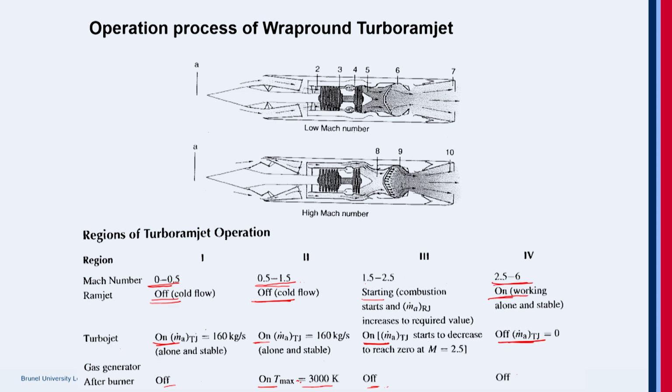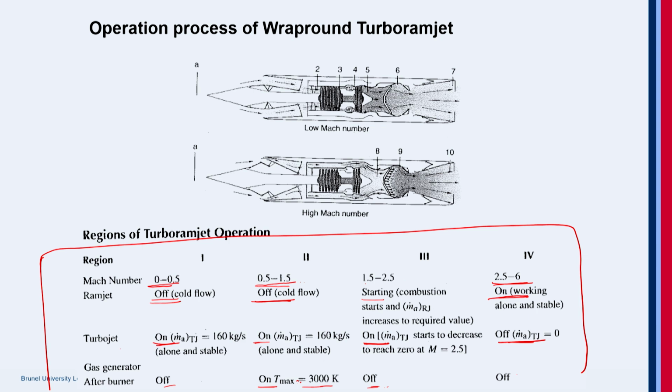Only the ramjet is on, and you have this ramjet operation. Now this sort of scheme is the same whether it's a wraparound or over-under layout configuration. This is approximately the range of the scheme that's being followed for the speed range.